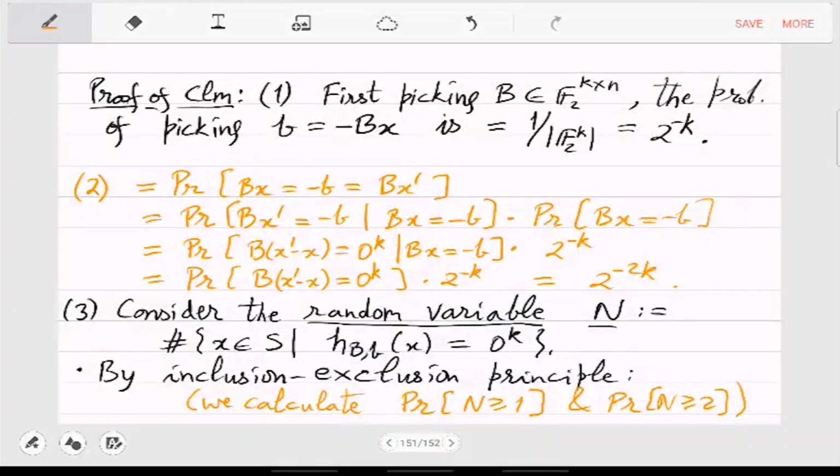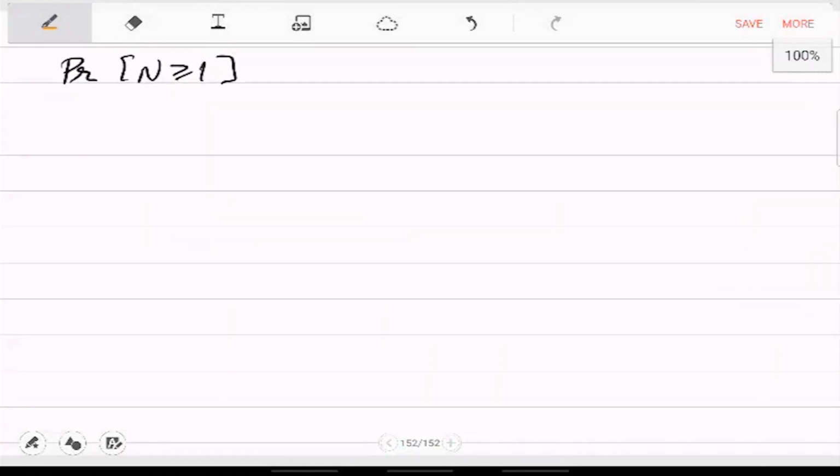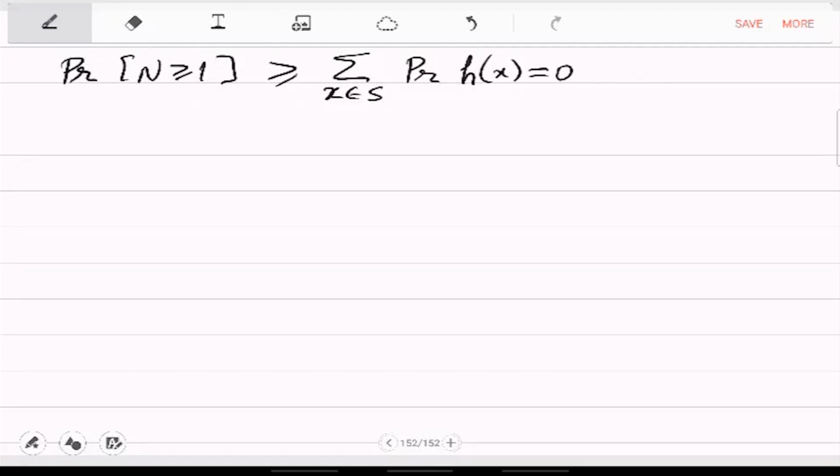What is the probability that n is 1? So let's implement that idea. The probability that n is at least 1, this is by inclusion exclusion principle: go over all the x's in S, the probability that for a random h hash function x vanishes.